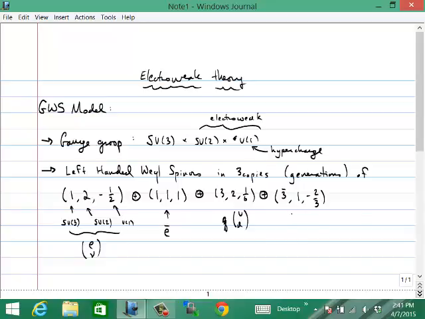Here we have the left-handed anti-quark U bar and the anti-down D bar. So these are the matter fields of the Standard Model. And then there's one more field in the Standard Model, which is a complex scalar field.